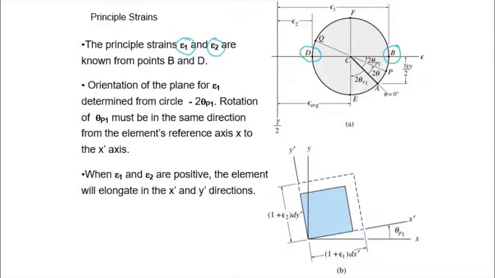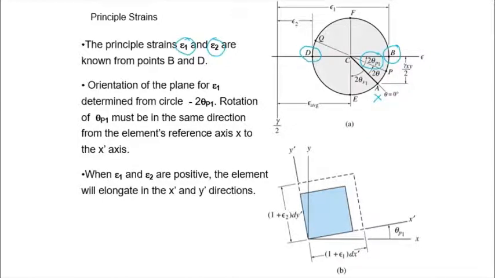And since point A or point X is our reference, that is the primary direction of the x-axis, to go to principal 1, or principal strain, the maximum normal strain, we go counterclockwise from X or from A. So we go counterclockwise, so that's 2 theta P1.